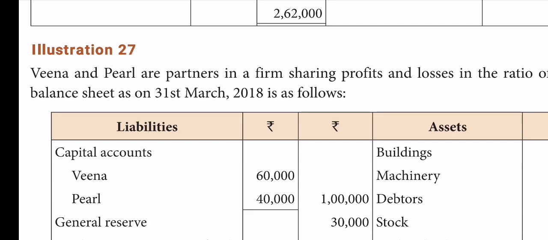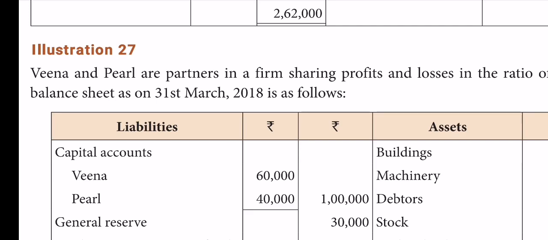In the previous 2-3 classes we finished 24, 5, 6, 3 sums, and here we are going to see the final stage of admission of a new partner. With that, the lesson is over. One or two things may be new, so gradually I taught all those sums one after another.